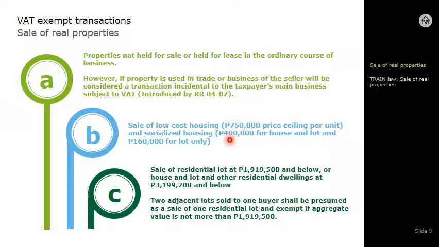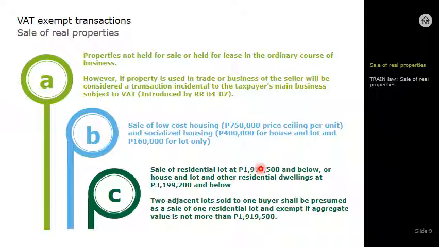Okay? So, these threshold amounts, ito yung amount as per revenue regulation prior to the effectivity of the TRAIN law. So, with regard to sale of residential lot, this should now be 1.5 million. Just take note of that.